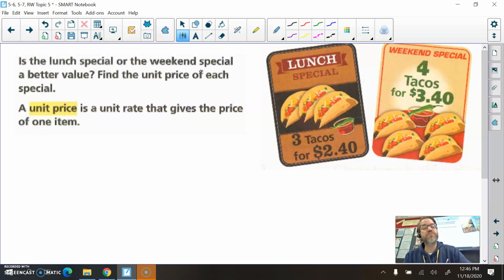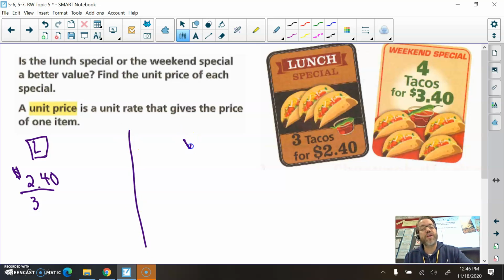For the lunch special, I'll just call that L for the lunch special. We're going to take $2.40. That's for 3 tacos. Okay. Now the weekend special, I'll call that W. We have $3.40.